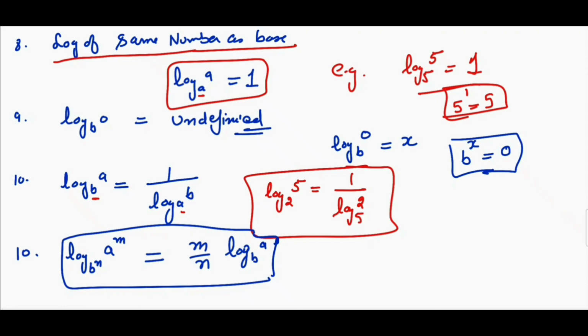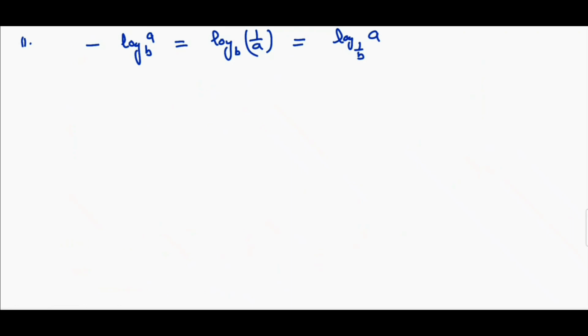So next law we have the log of a raised to power m base b raised to power n is equal to, we will take these powers out, m divided by n times log of a base b. So next we have negative log of a base b is equal to log of 1 by a base b, or log a base 1 by b.